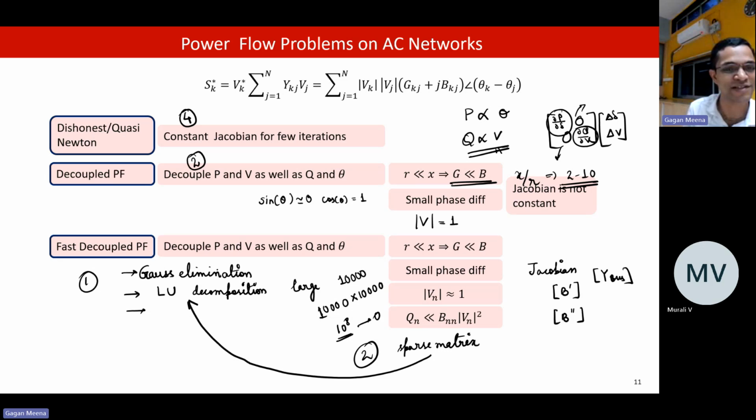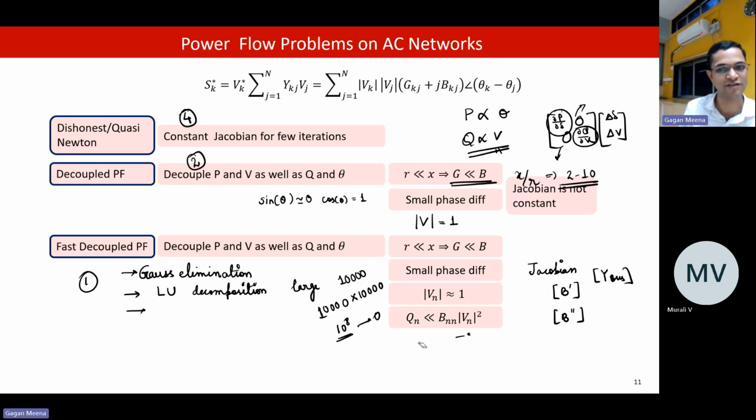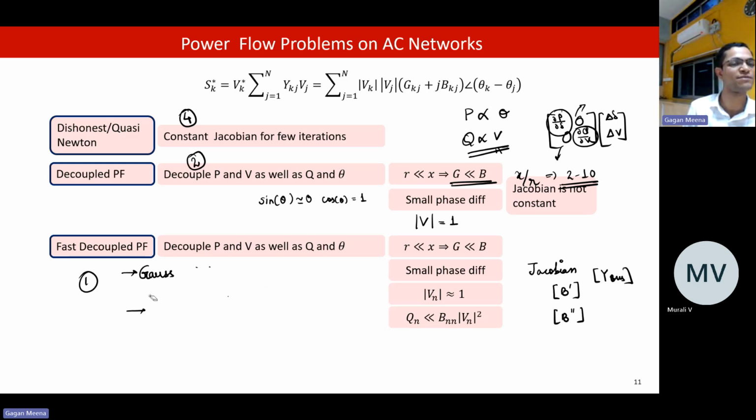The LU decomposition can be done using Gauss elimination also, and there are other methods. Then we use forward and backward substitution to calculate this X, or the update vector. So in all the software, these matrices are converted into sparse matrices, and then LU decomposition, or QR, is done whenever inverse is required.